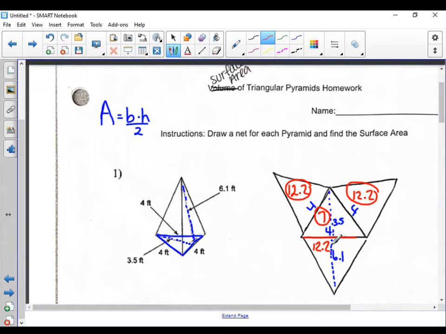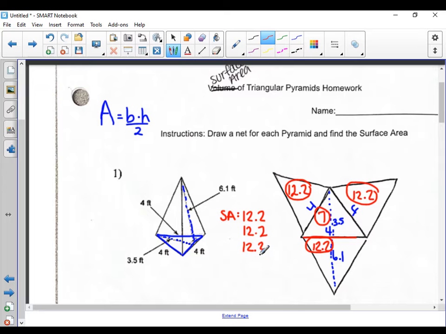I circle what the area of each shape is so that I know what I need to add up at the end. So the surface area, which I'm going to use the letter SA, that stands for surface area. I'm going to take 12.2 and I'm going to add that up 3 times because I had 3 of them. You could also take 12.2 times 3.